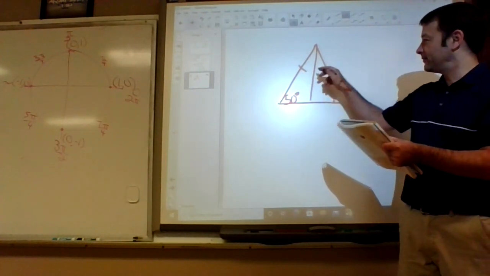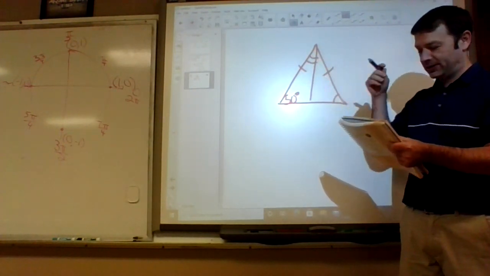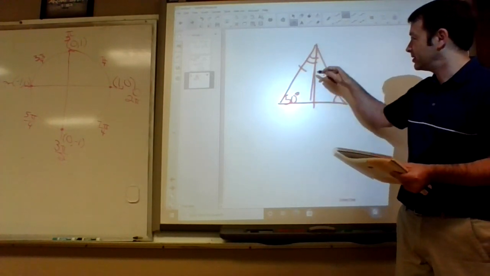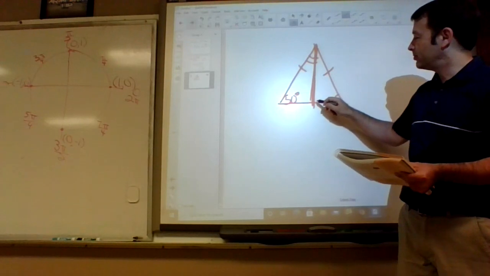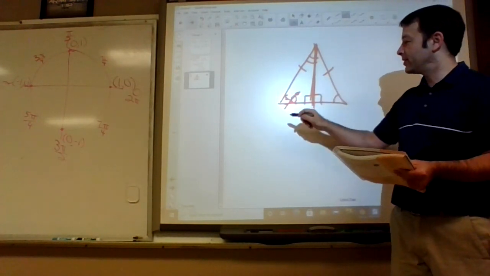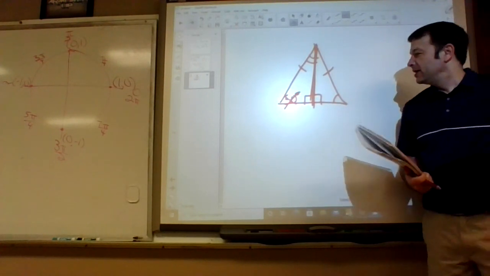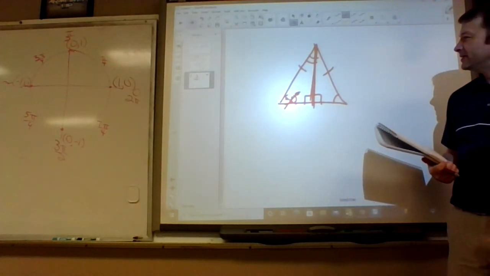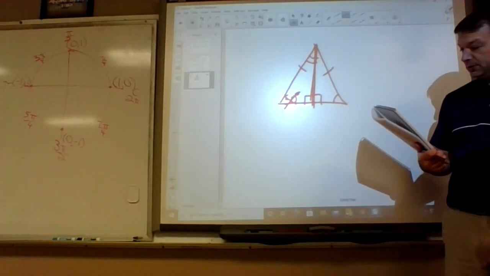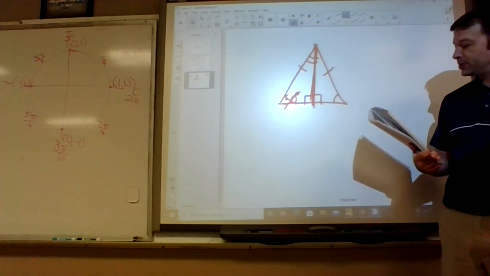Okay, so we're looking for this guy right there, and they told us this line's perpendicular. What's perpendicular mean? 90 degrees. Those are 90. Oh, and BCE is 125.